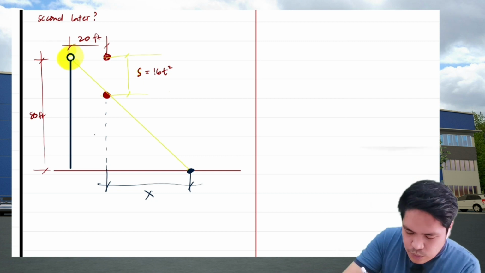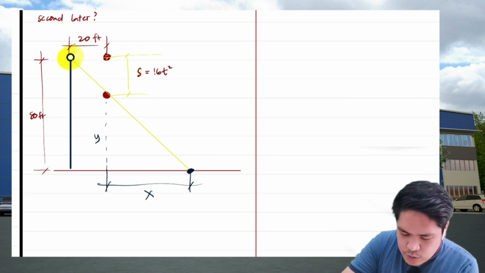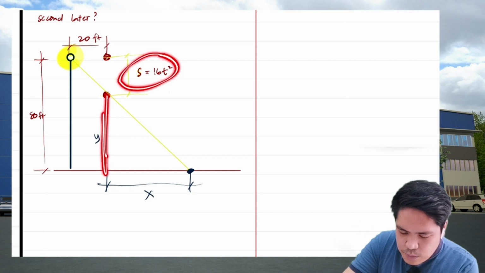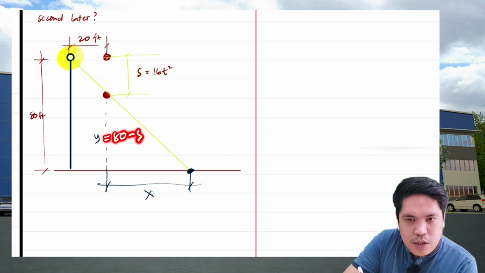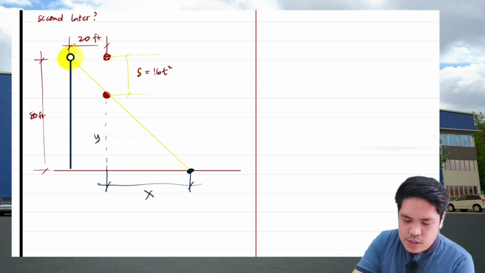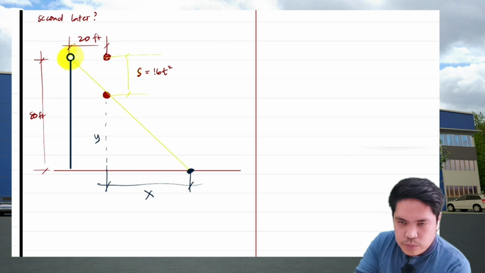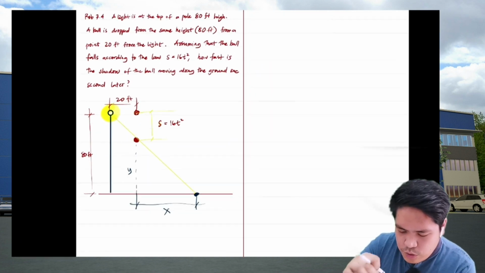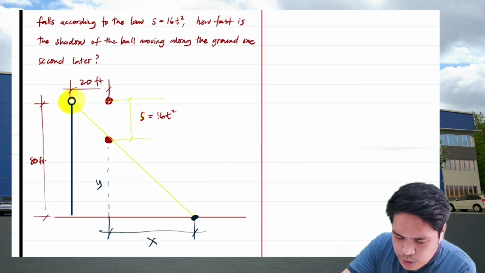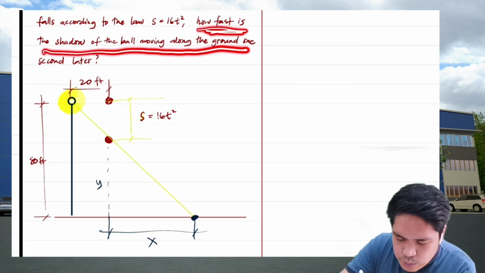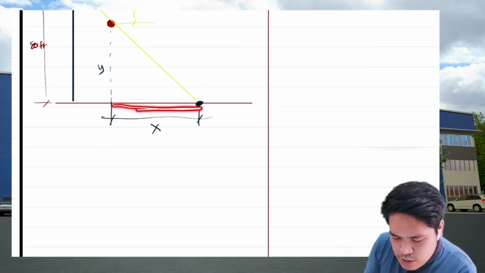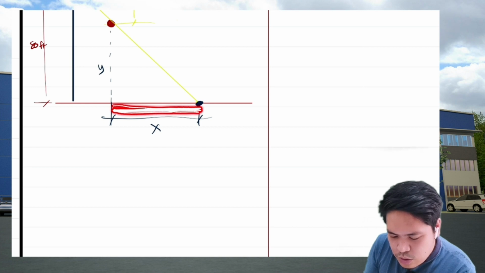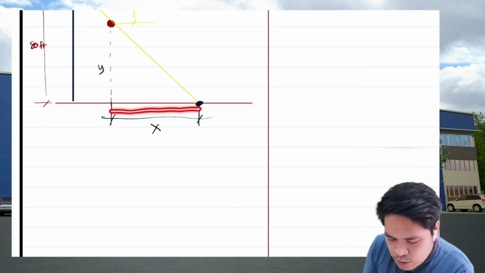It could also be y, but the value of y just depends on the value of s, because y is just 80 minus s. What are we looking for here? It says, how fast is the shadow of the ball moving along the ground 1 second later? The movement of the shadow along the ground is from here to here.